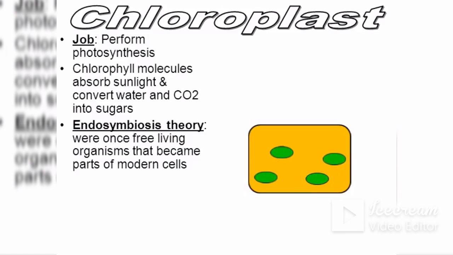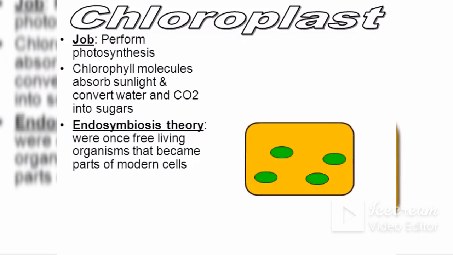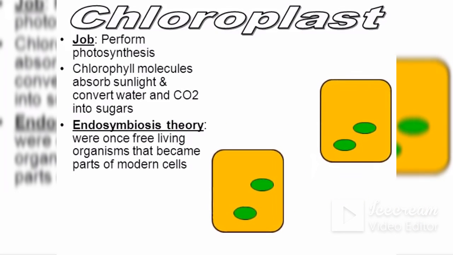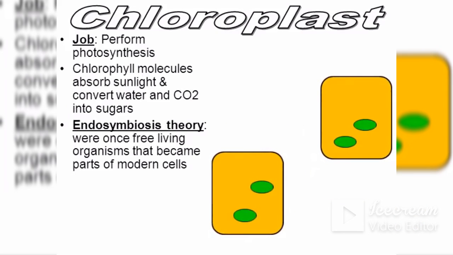And notice how the two are just living together. The green chloroplast ancestors are just trapped inside of the larger one. Well, as time goes by, the larger cell divides and splits into two, and as years go by, these two have become so dependent on one another that they are now a part of each other.